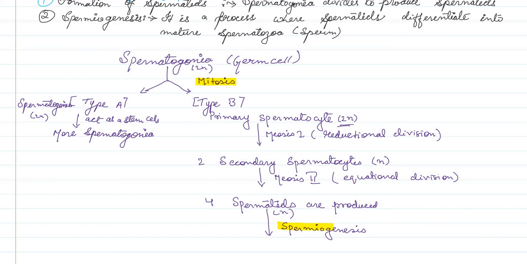After the process of spermiogenesis, the formation of sperms from spermatids, or you can say that spermiogenesis is a process where the spermatids differentiate into mature spermatozoa. Here sperms are produced, or you can say spermatozoa.